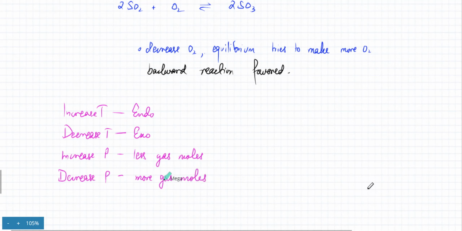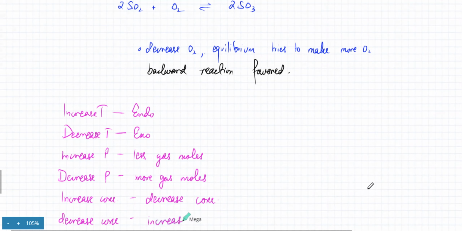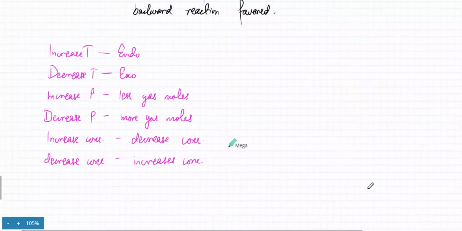And lastly, if you increase concentration of anything, it's going to try and decrease concentration. And vice versa, if you try to decrease concentration, it's going to try and favor that reaction that increases concentration. And remember, the reaction would use the word favored, not speed.